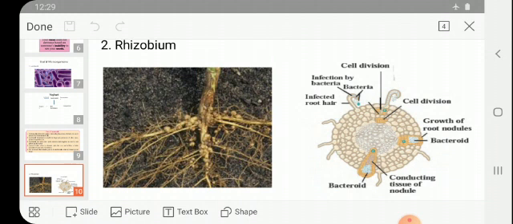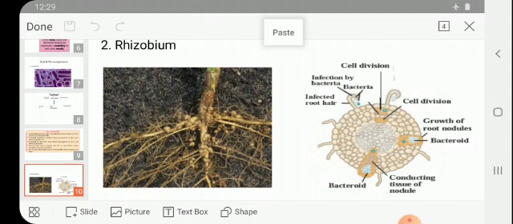So what do they do? These are bacteria that fix nitrogen after becoming established inside the root nodules of the legumes. Are you getting it? What do these bacteria do? First they get established in the nodules of these legumes, and after that they fix the nitrogen.